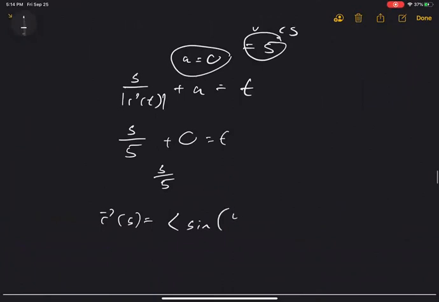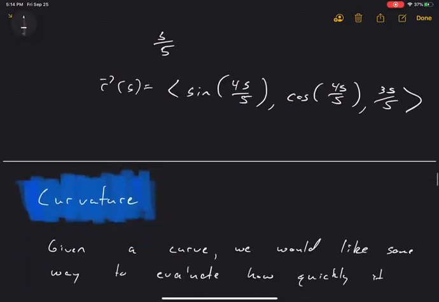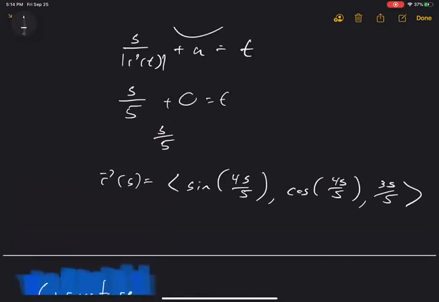Sine of 4s over 5, cosine of 4s over 5, 3s over 5. Oh, and those t's should be s's. Okay. So that's arc length.